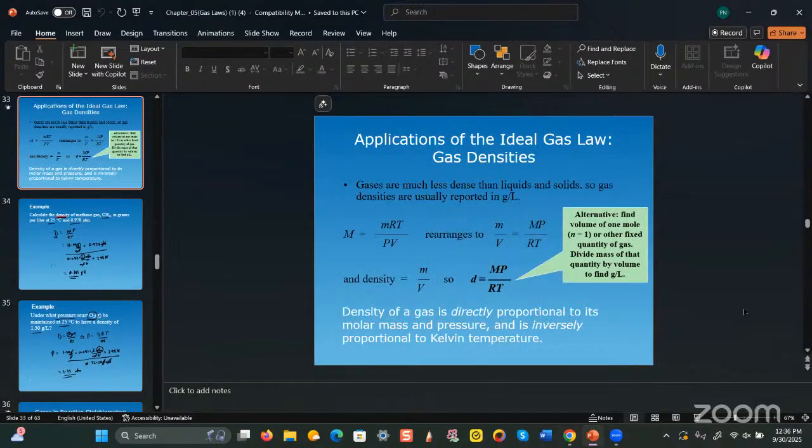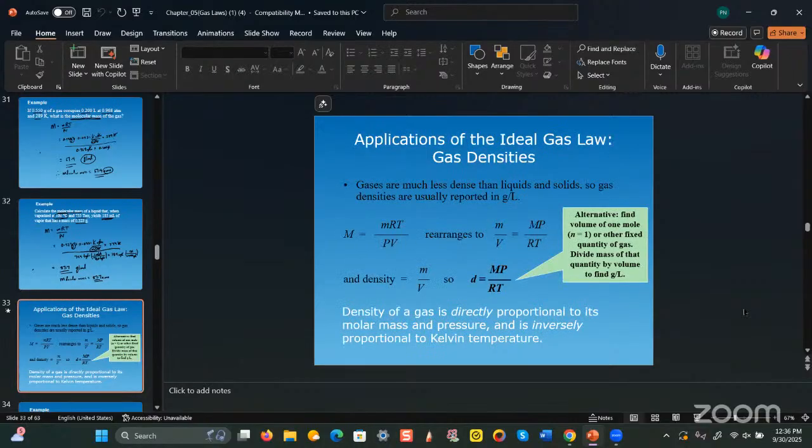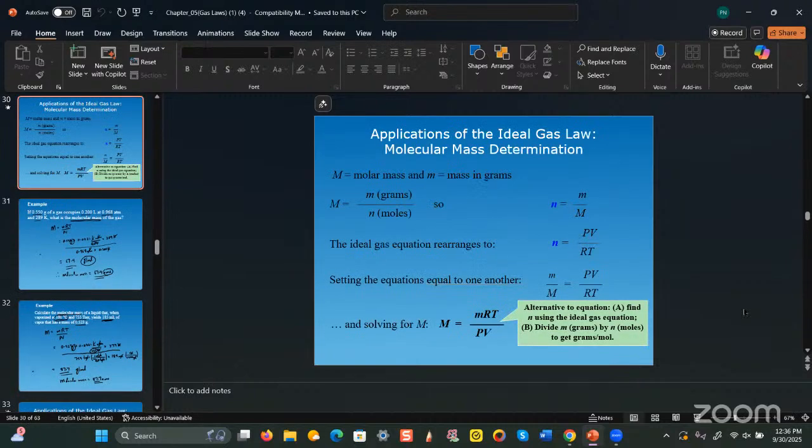Okay, so I think this was the last problem we did. So let's talk about, oh, wait a minute. Okay, so let me start from here.